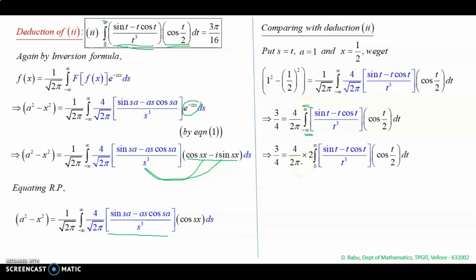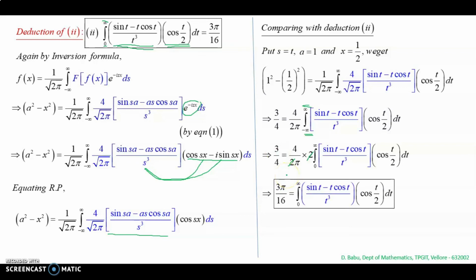This implies 3 by 4 equals 4 by 2 pi, 2 times the integral from 0 to infinity of (sin t minus t cos t) divided by t cube, cos t by 2, dt. Here 2 gets cancelled. So on cross multiplication, 4 into 4 is 16, 3 into pi is 3 pi. So that is 3 pi by 16. So this proves 2.